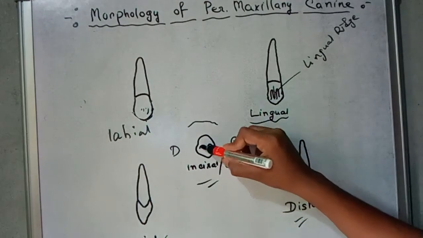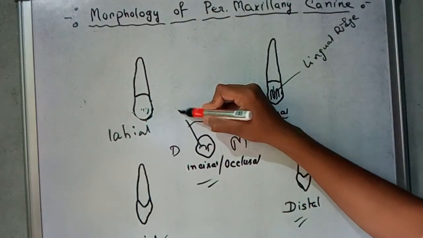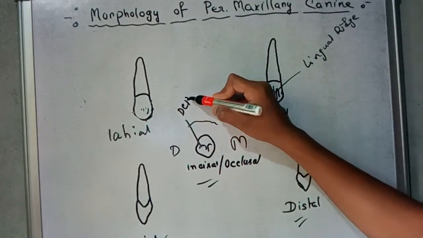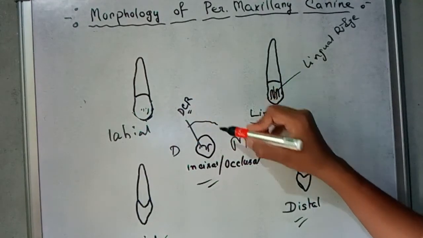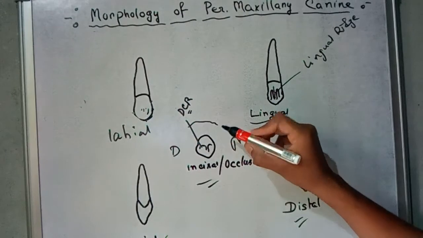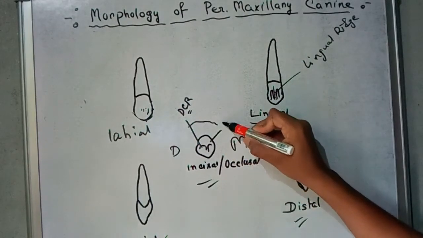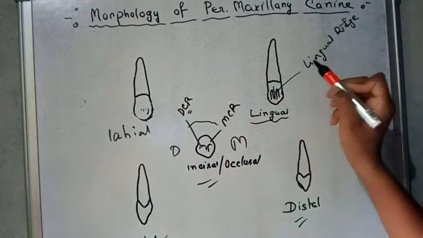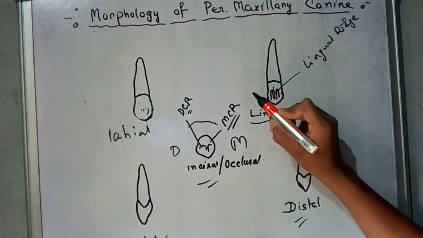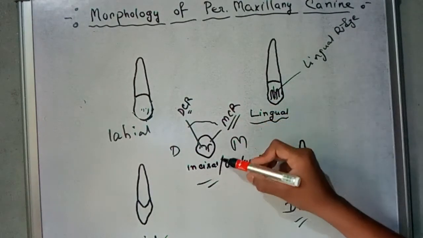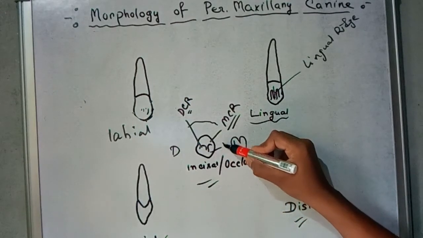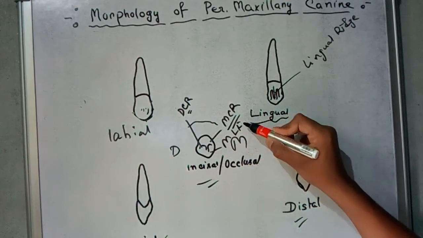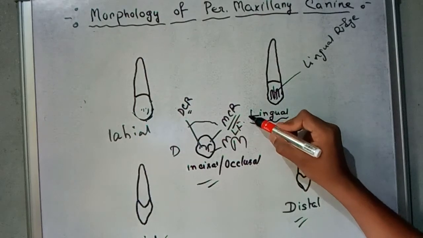Here you can see this is the DCR, that means distal cusp ridge. This is the MCR, the mesial cusp ridge.